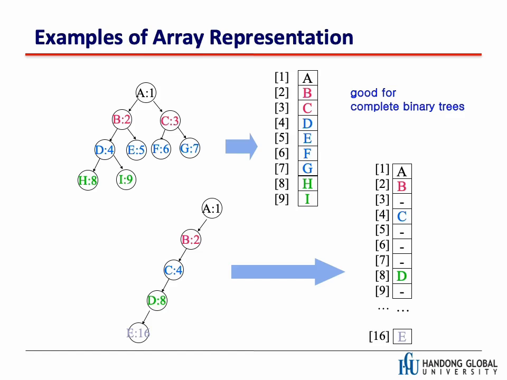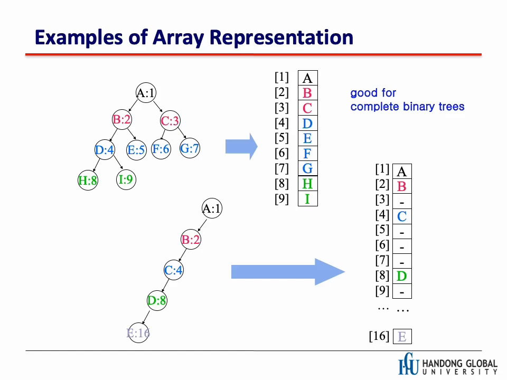So we miss lots of nodes on the right side of this tree. So we have lots of empty cells in these array representations, and we are wasting lots of memory space. That's not efficient at all. Only when the tree is complete can we use the memory space in an efficient way.